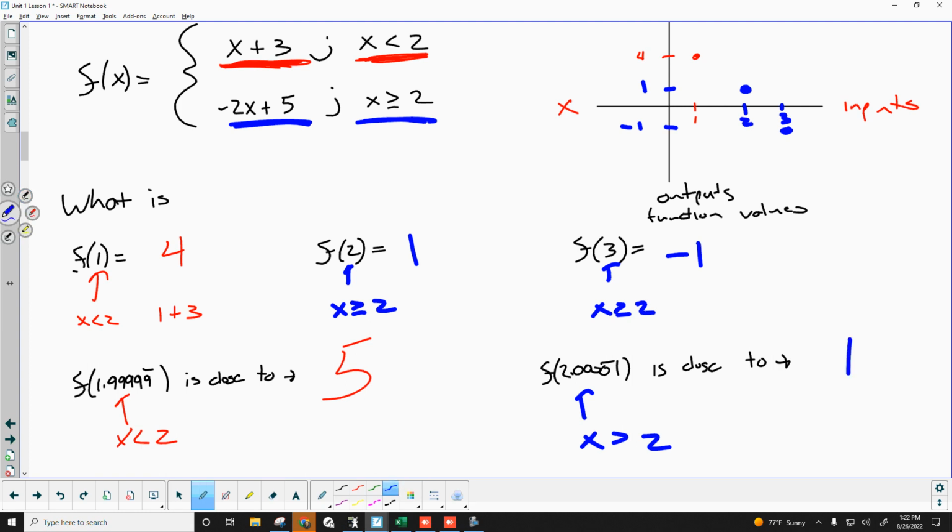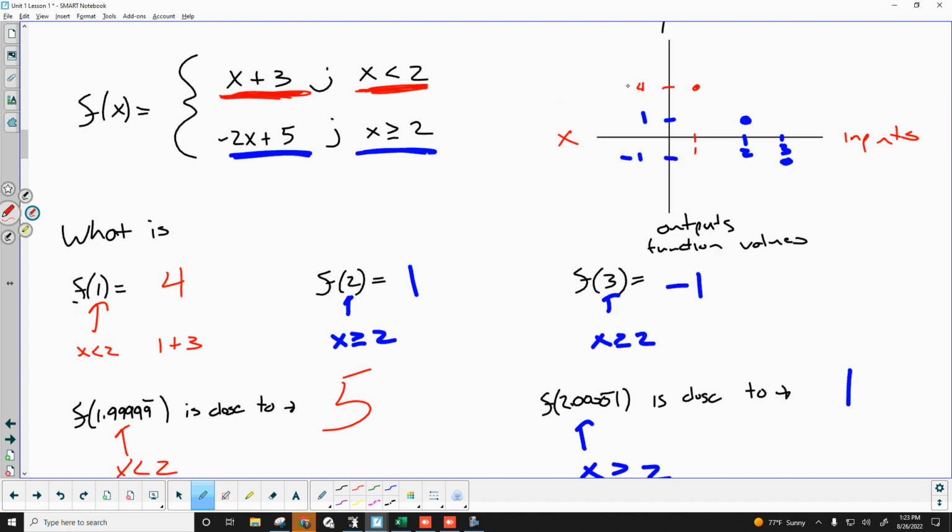And from this you can kind of see where the graph goes. The red piece is used up until 2. Even 1.999, it's used. But we get infinitely close to, but never really reach, this value of 5, which is why we use this open circle to say we are approaching 5, 4 point infinite amount of 9s.